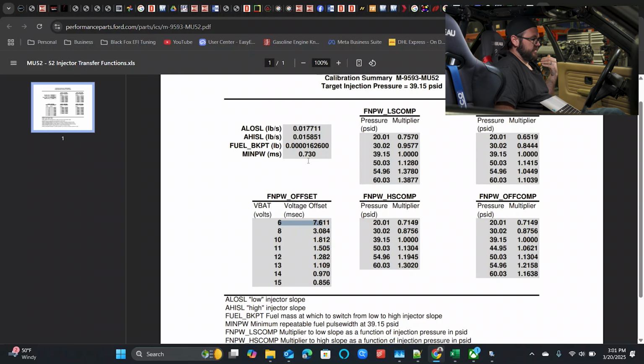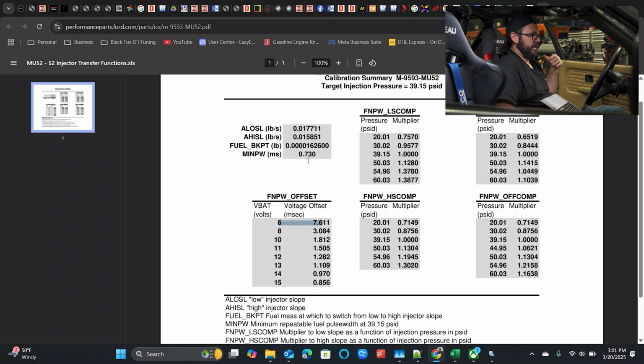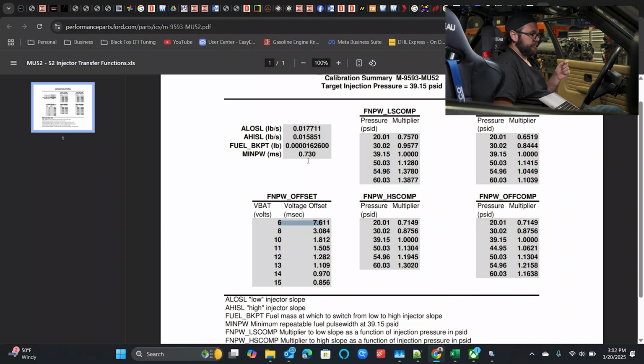Usually I don't worry about small pulse widths until we get into the 140, 200 pound injector range. Once we start hitting that minimum pulse width, that means that the injector is no longer in the linear range. When the injector leaves the linear range, then we need some offsets.